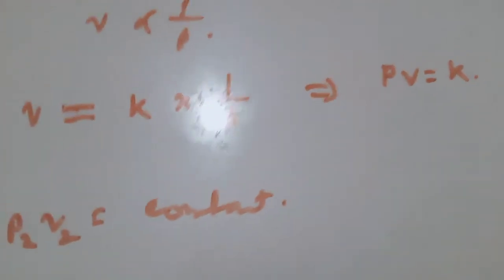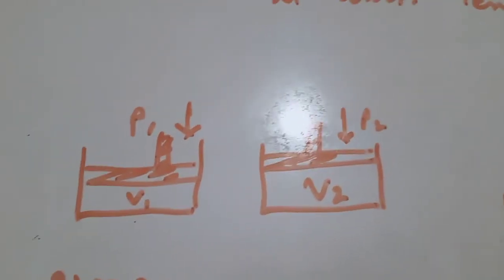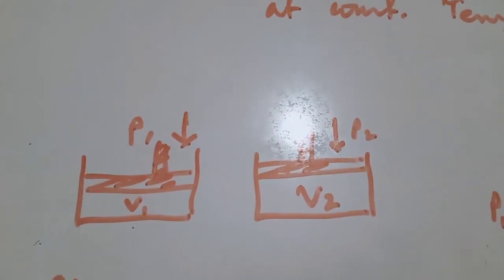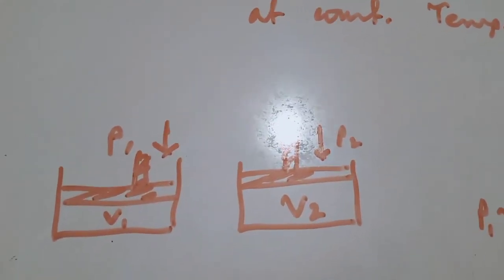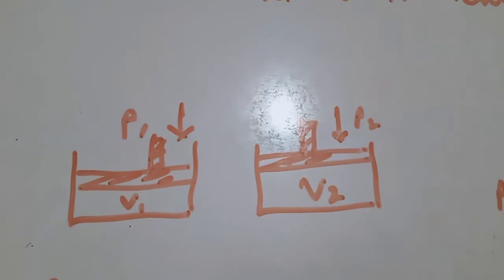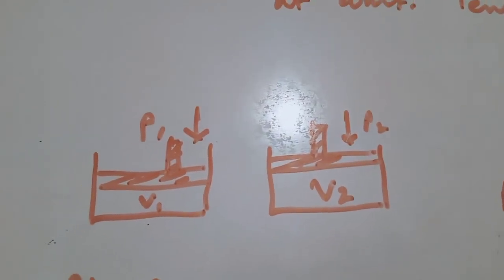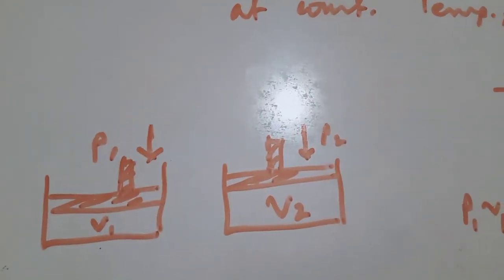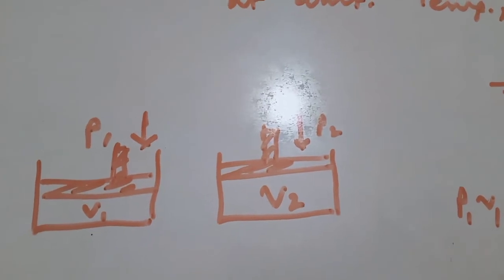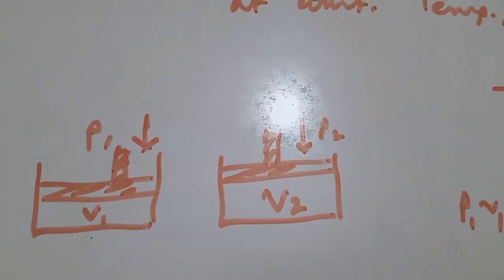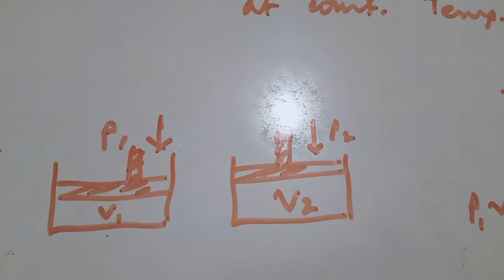Now we will get another mathematical relation if we consider a gas at a definite temperature. When the pressure is P1, the volume occupied by the gas is V1, and when the pressure is changed to P2, the volume will automatically change to V2.